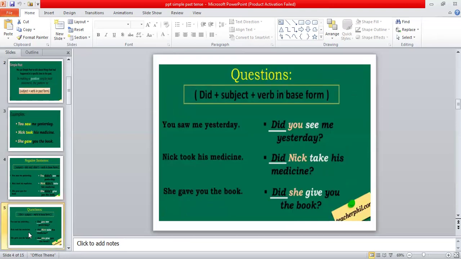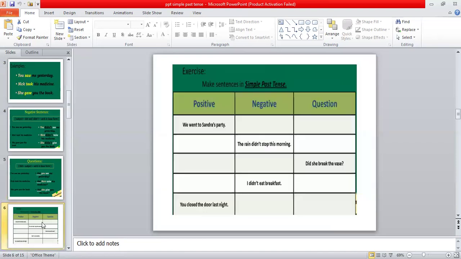Then we have interrogative sentences. In interrogative sentences, we have did at the beginning of the sentence, and then again we use the first form of the verb with did in order to make interrogative sentences with past indefinite tense.